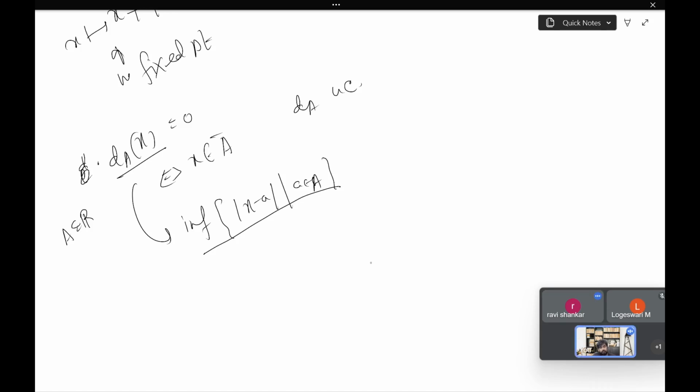There is no explicit way; this is the way of writing, the infimum of this set. That's why I have written the infimum of that.